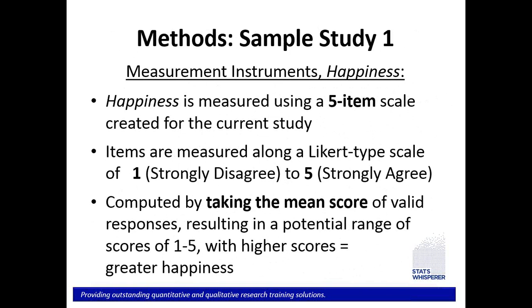So, for example, if we look at our happiness scale, we could say happiness is measured using a 5-item scale created for this study. Okay? The items are measured along a Likert-type scale of 1, strongly disagree, to 5, strongly agree, right? And it's computed, scored, right, by taking the mean score of the valid responses, resulting in a potential range of scores of 1 to 5, with higher scores indicating greater happiness.